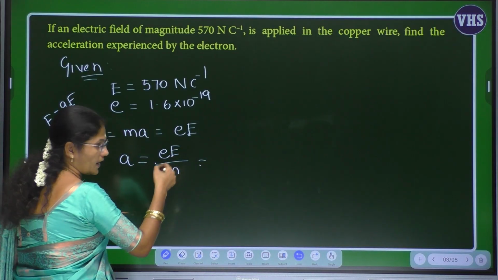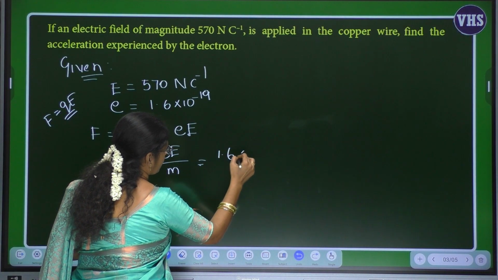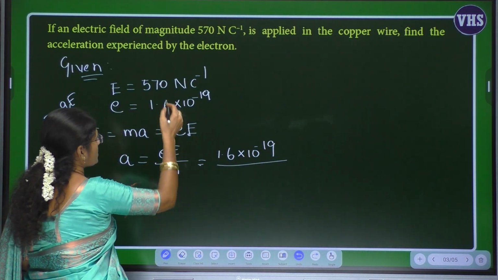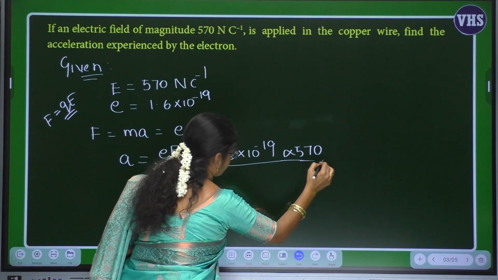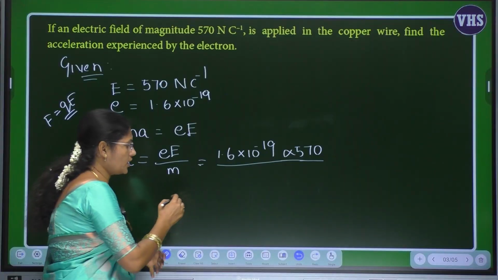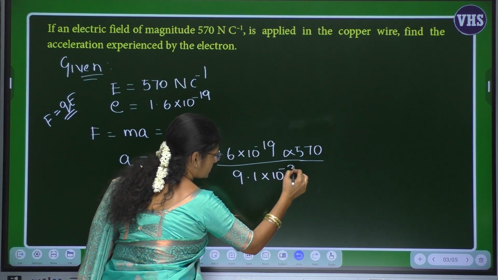Okay, so you know this value. Small e value is 1.6 into 10 to the power of minus 19. Okay, and then what is electric field value? That is 570. Okay, mass value. So electron ஓட mass constant value 9.1 into 10 to the power of minus 31.